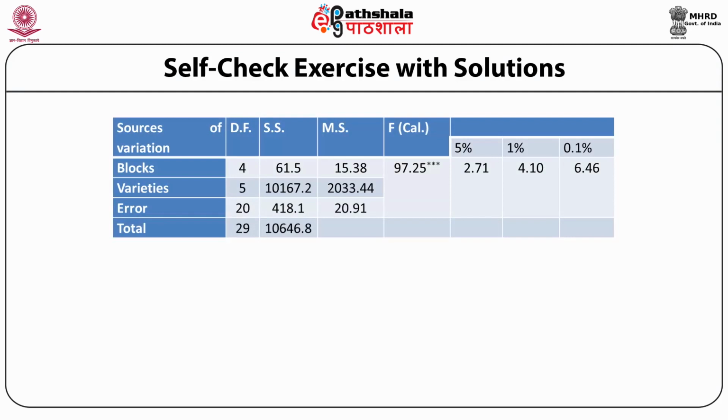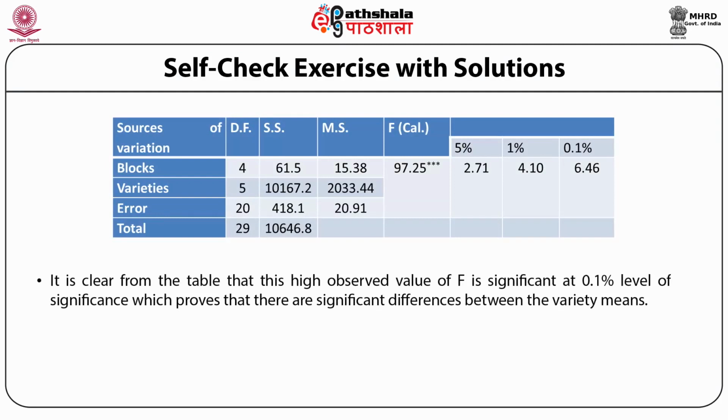So it is clear from the table that this high observed value of F is significant at 0.1% level of significance, which proves that there is a significant difference between the variety means. We have to test the significance of the difference between the individual varieties, and that will be done with the help of critical differences. And here on the right hand side of the table you can also see the F table values which have been shown at different degrees of freedom or different levels of significance.